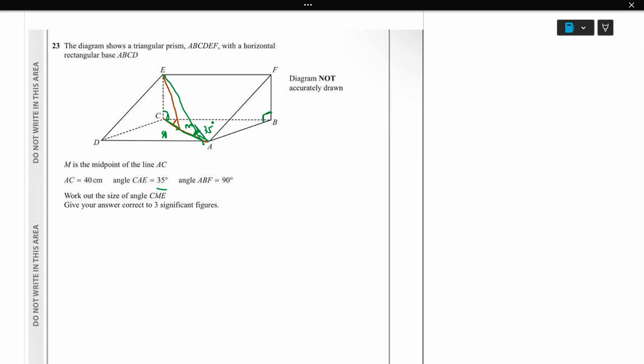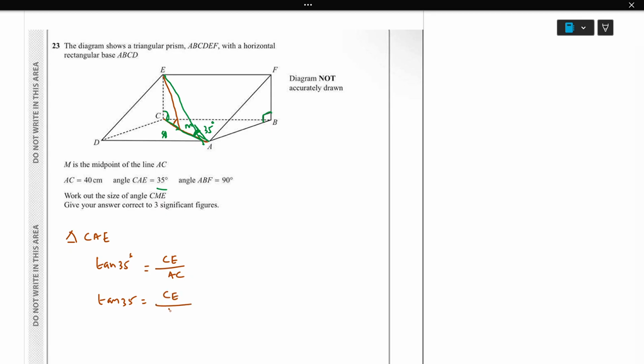Okay, so from this main one, the triangle CAE, we can find out. We know the adjacent and one angle. We need to find CE. So I'll take tan 35 degree equal to CE, opposite over adjacent is AC. So tan 35 equal to CE over AC.